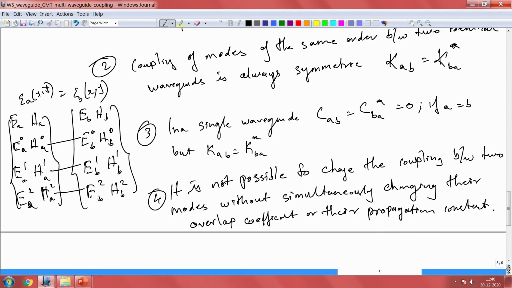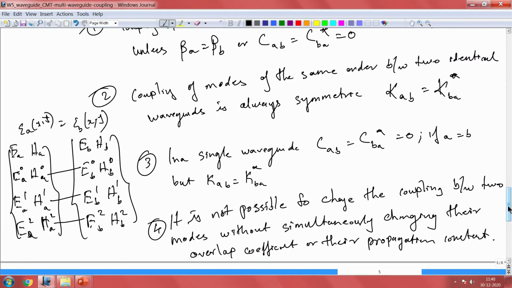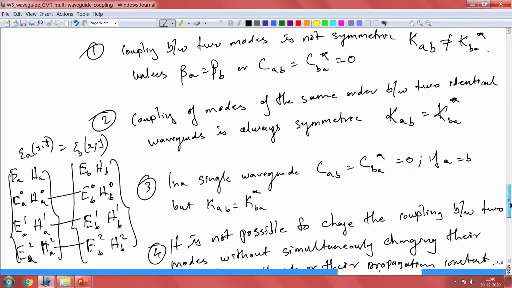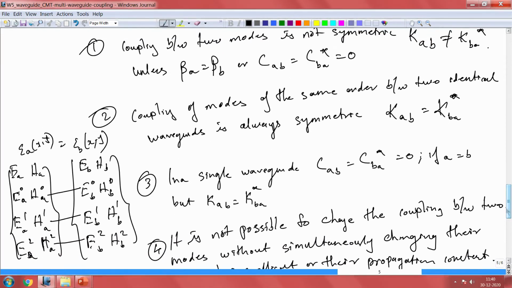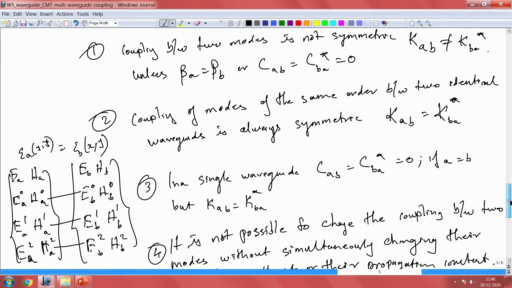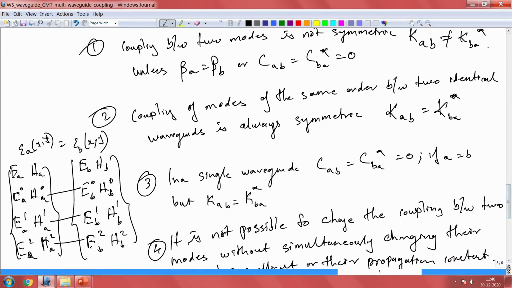So, this is an important understanding that one should take from the multi-waveguide coupling we have here. So, spend time on understanding this.